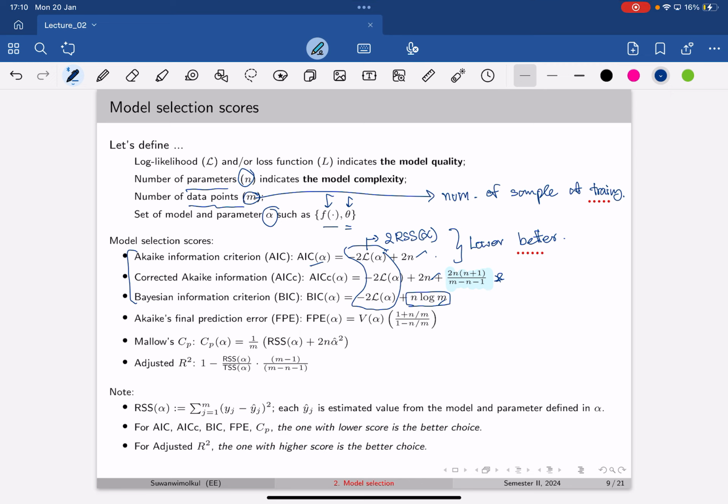And the FPE is slightly different. That is, V alpha here is, sorry, it's a trace of the error, if you have y minus y hat.